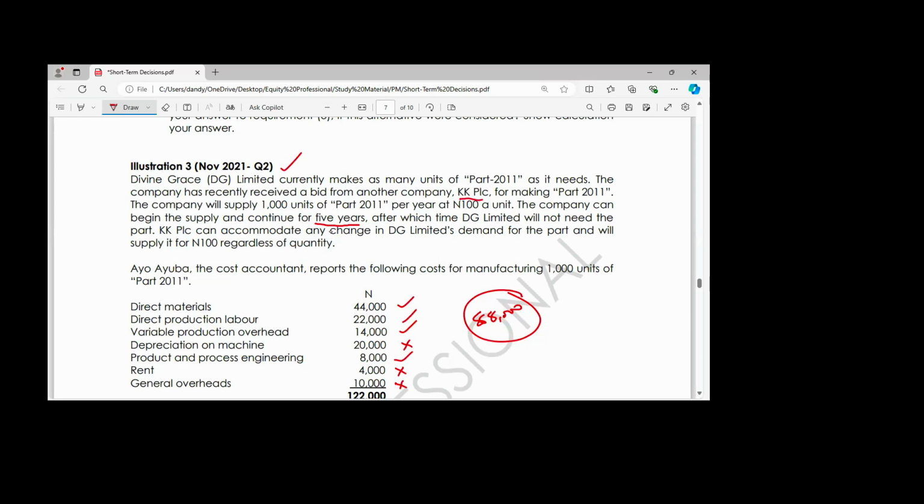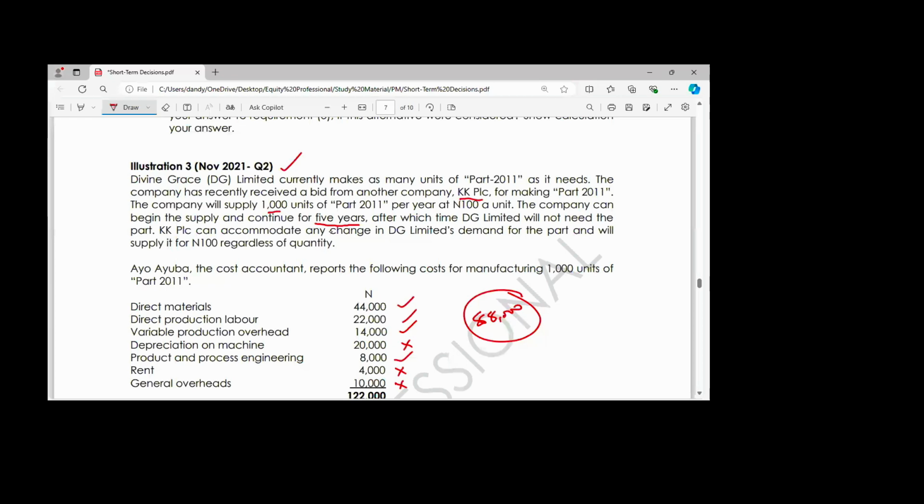They will supply 1,000 units of part 2011 per year at 100 naira. So supplying cost equals 1,000 units multiplied by 100 naira, that is 100,000 naira per year.